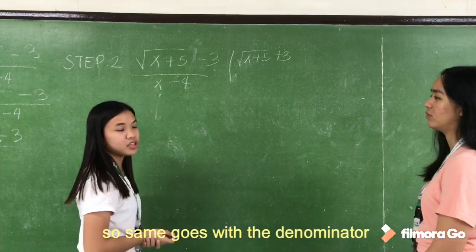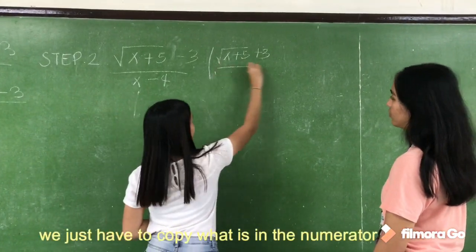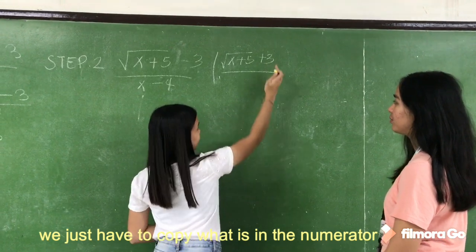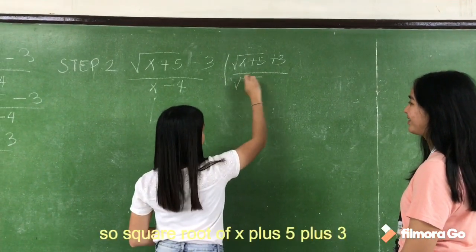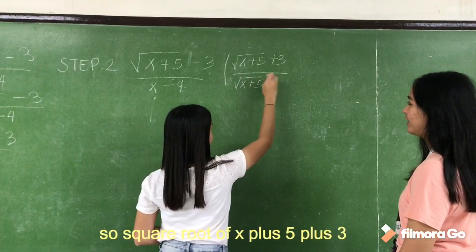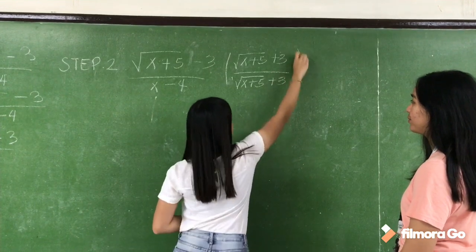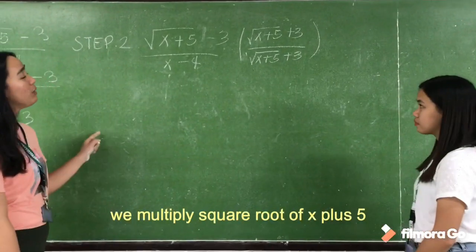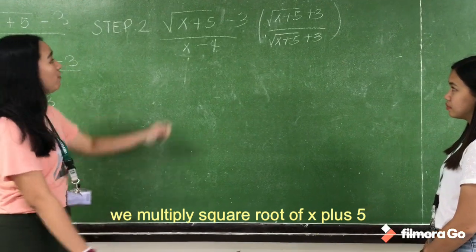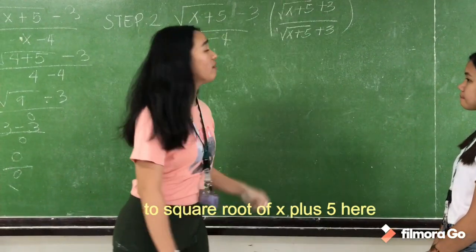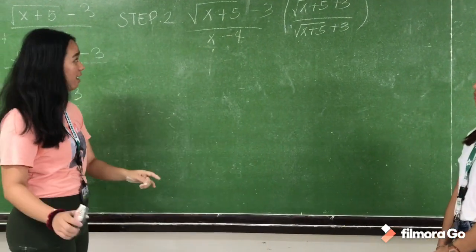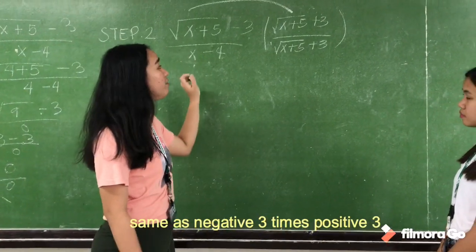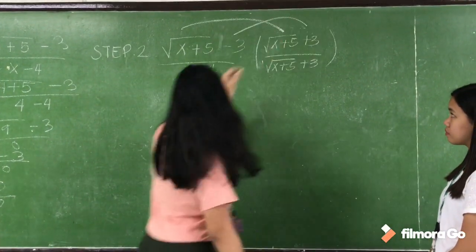The same goes with the denominator. We just have to copy what is in the numerator into the denominator. So square root of x plus 5 plus 3. So we multiply square root of x plus 5 by square root of x plus 5 because they are the same, same as negative 3 times positive 3.